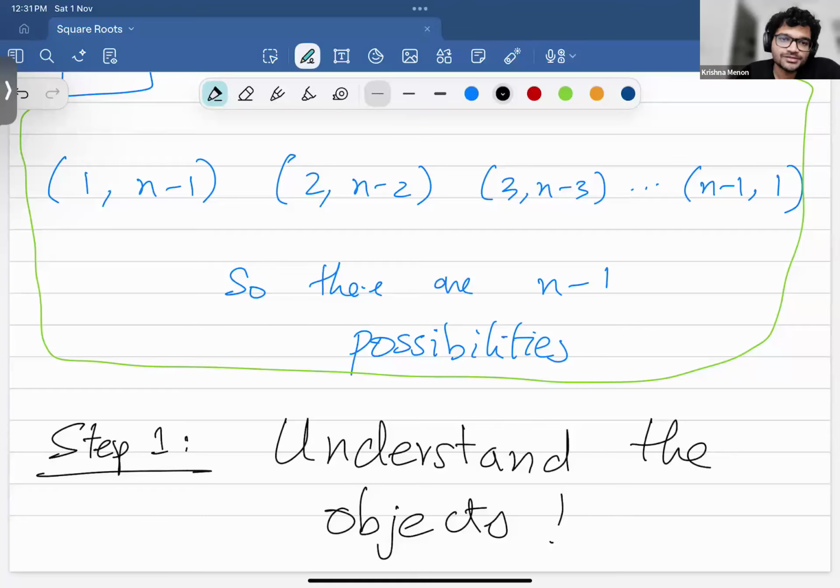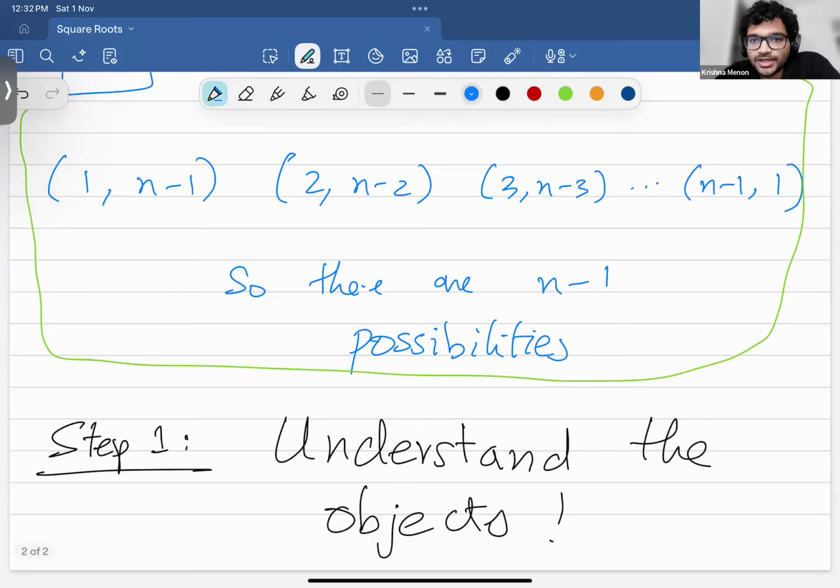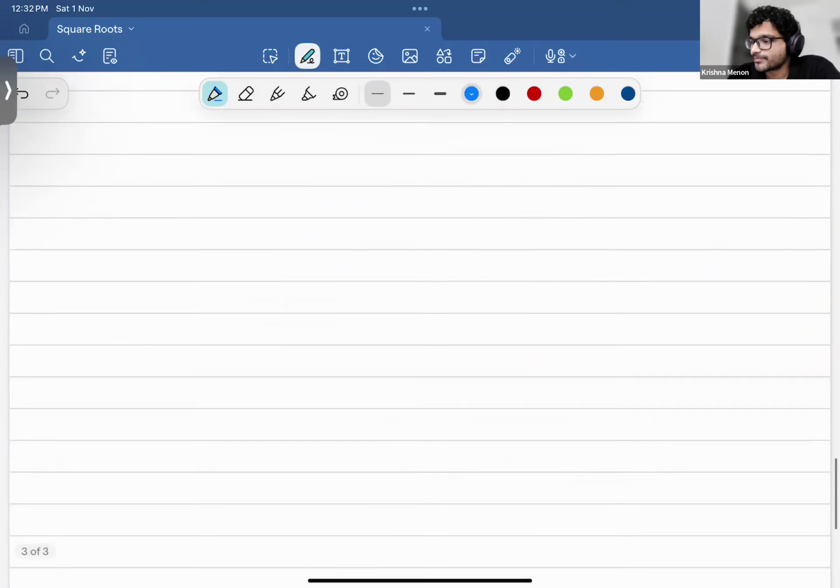So, of course, this was quite a simple problem, but as we look at other problems, what would help is that you try to figure out what these objects are. You play with the objects for small numbers n and make sure that you understand the objects that you are counting. Because, I mean, if you don't understand what you're counting, then of course it makes it difficult to go forward.